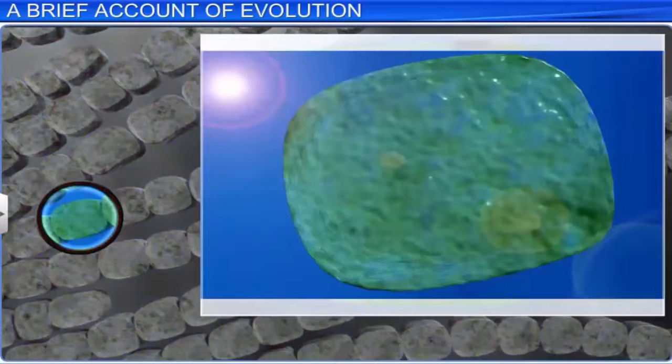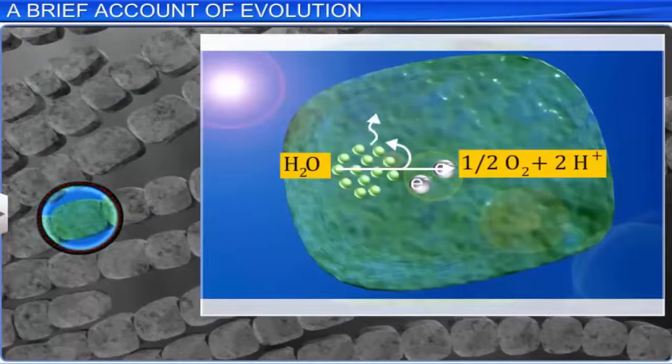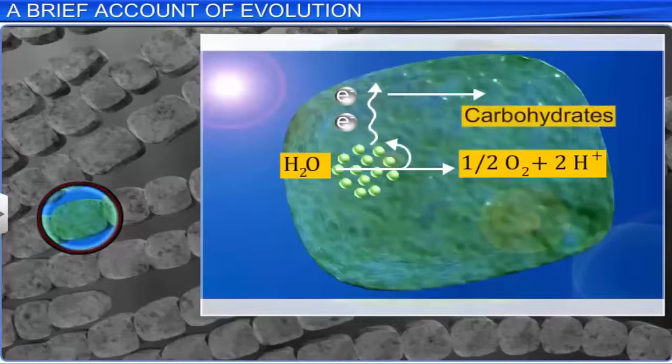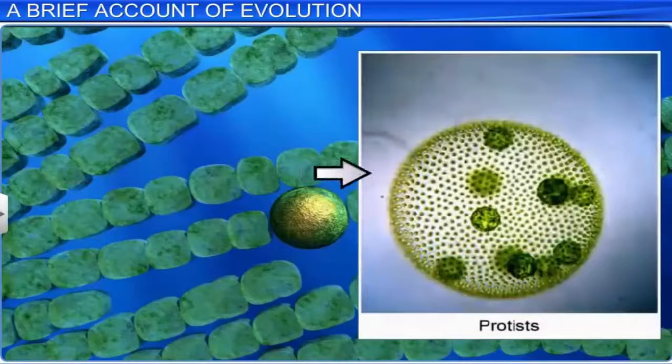During photosynthesis, the sun's energy helps to split water, resulting in the release of electrons that are channelized further by light-harvesting pigments. This reaction ends in the formation of carbohydrates and the release of oxygen. Gradually, protists developed and slowly evolved into multicellular life forms.